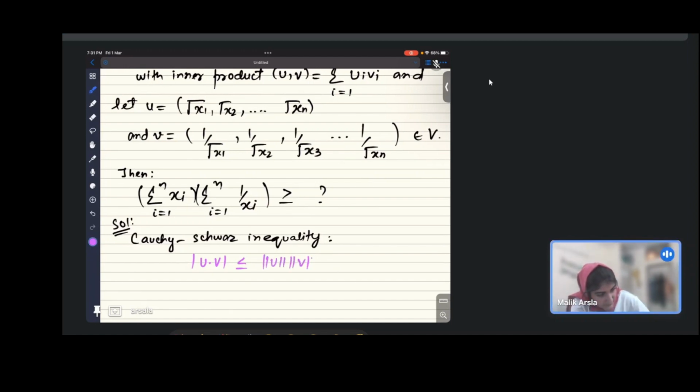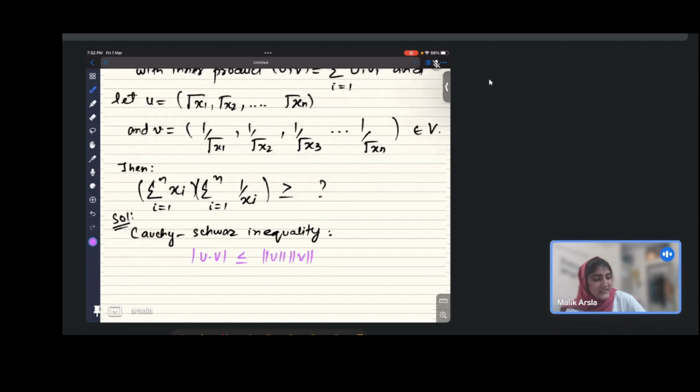It is going to be greater than this value, right? Now you can clearly see that while taking the inner product on the right hand side, we are going to get n. It is equal to under root of x1 upon under root of x1 plus under root of x2 upon under root of x2, plus so on up to under root of xn upon under root of xn.